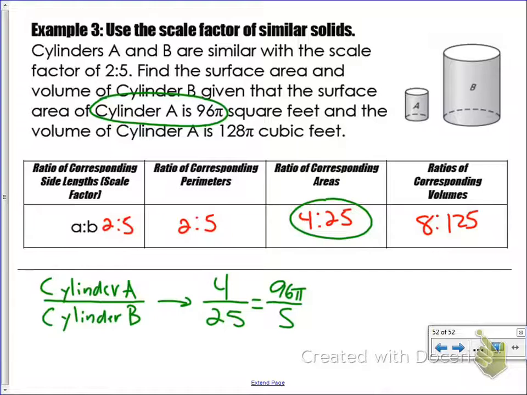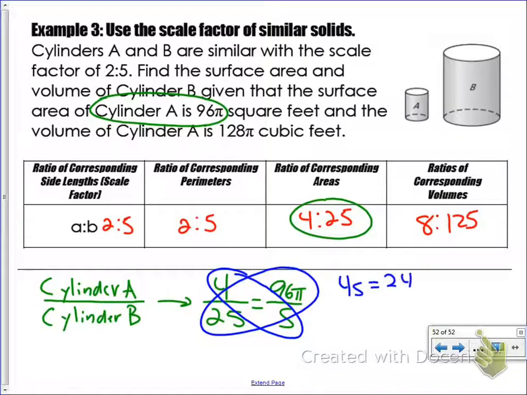So to solve this, we're going to cross multiply 4 times S and 25 times 96 pi. 4 times S is going to be 4S, and that's going to be equal to 96 pi times 25. Remember, just treat the pi like an X, so it's just 25 times 96, which is 2,400 pi.